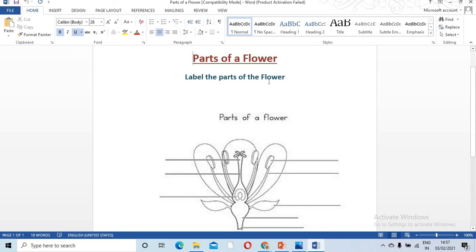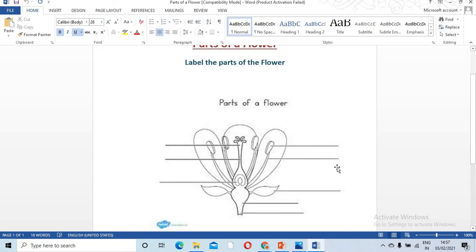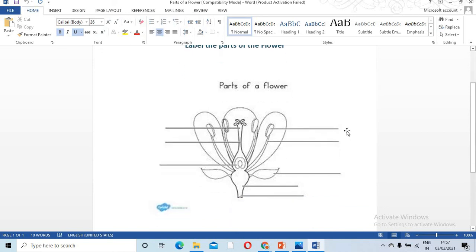You all will take this worksheet and start labeling the flower. You can see the anther here, the first arrow mark, you can write anther here. Then you have the filament. Then on this side you have the stigma on top, then the style and the ovary. Then you can mark the petal and the sepals. I want you to do this very neatly and send it to me for correction.